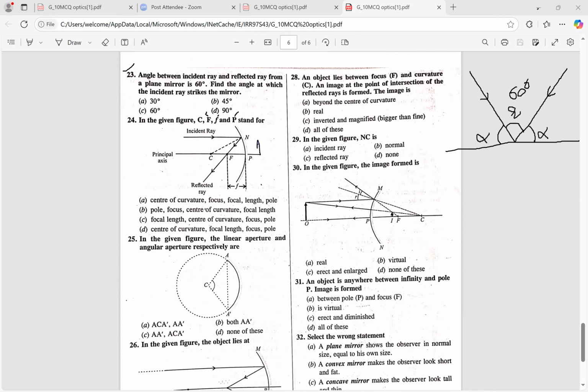Hope you can see the screen. And one more thing here, alpha plus alpha is 2 alpha.